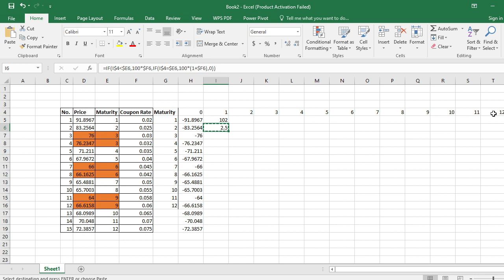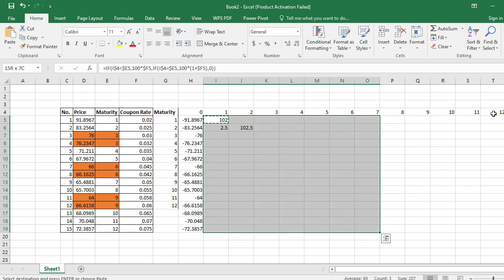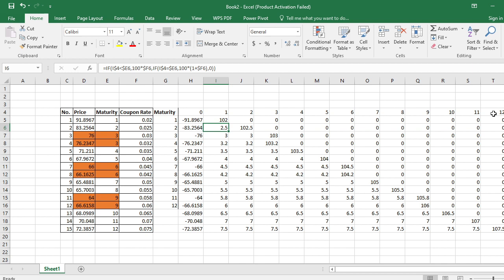Right, and okay, I think it works. So Control C. Yes, we can get the cash flow out of these. Double check for any bond.